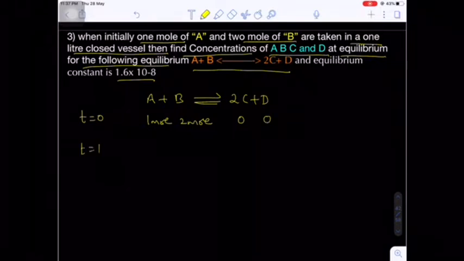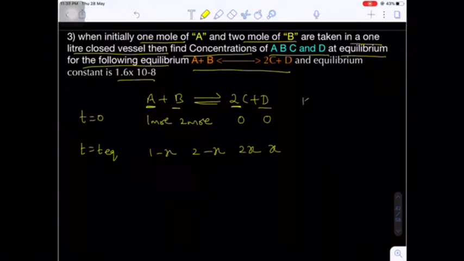Now when the reaction attains equilibrium, let's suppose X moles of A are consumed, then X moles of B are also consumed. So the remaining moles are A 1 minus X, B 2 minus X, and the number of moles of C formed is 2X, because of the ratio 1 to 1 to 2 to 1. So 2X moles of C and X moles of D will be formed. Here the concept is that K is very small.